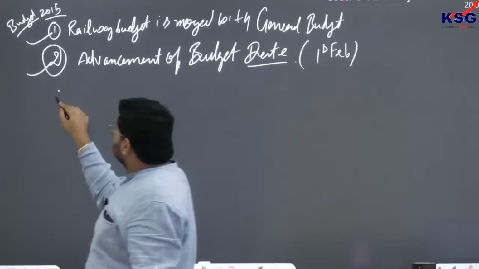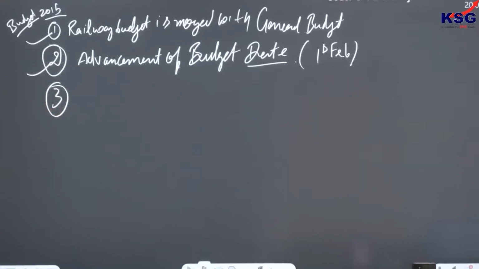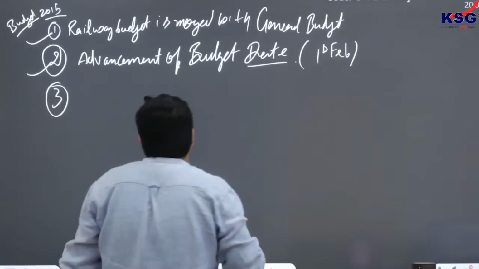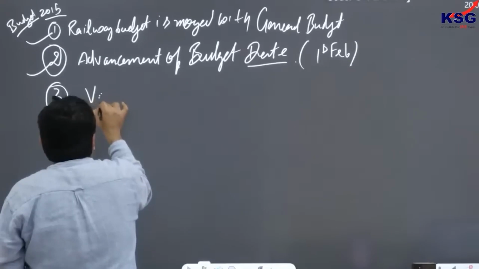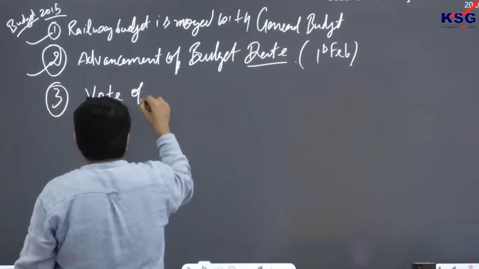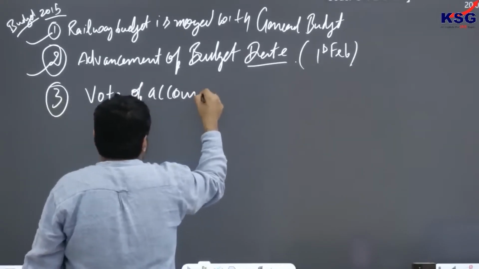Number 3, the government has removed vote on account, or the vote on account concept is removed. This is a part of polity.